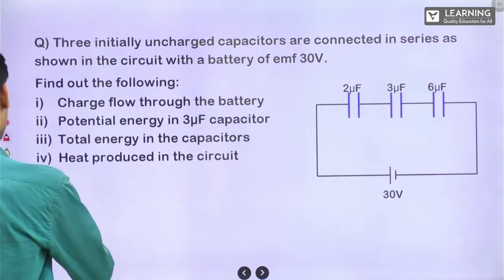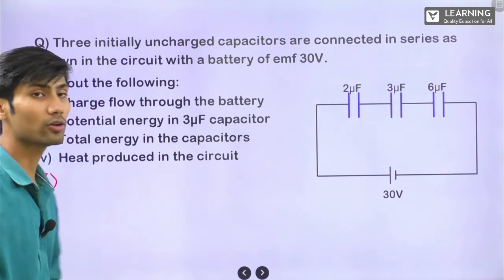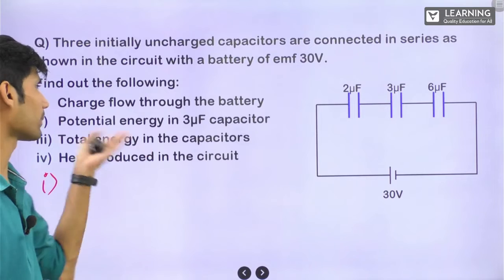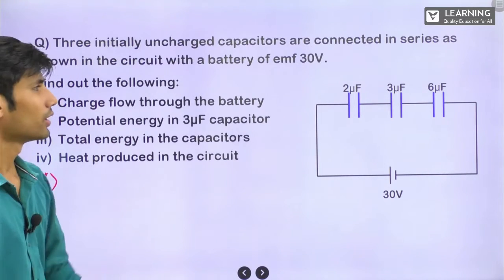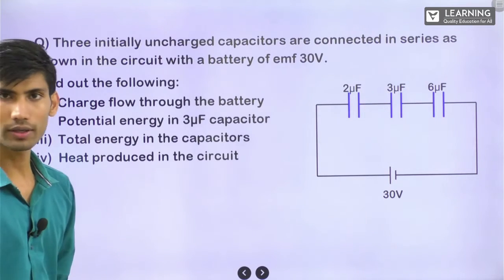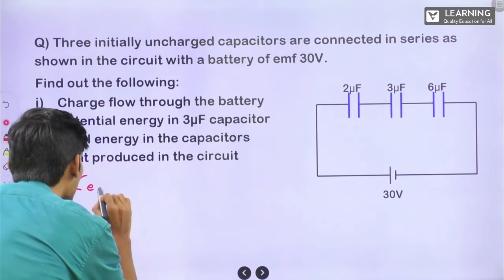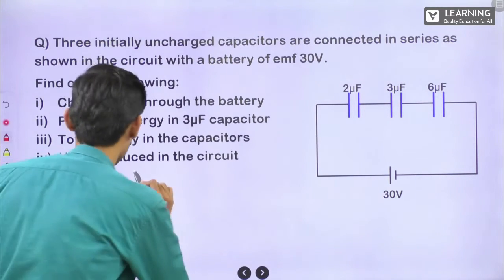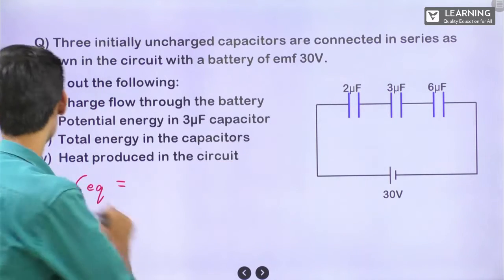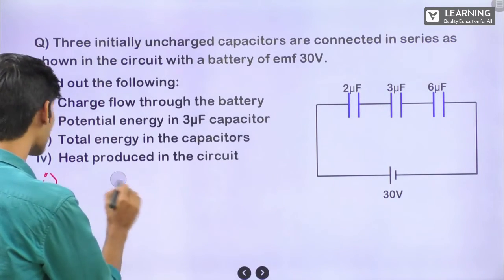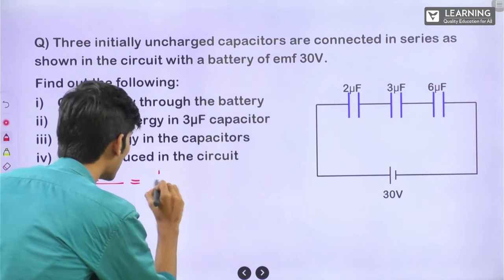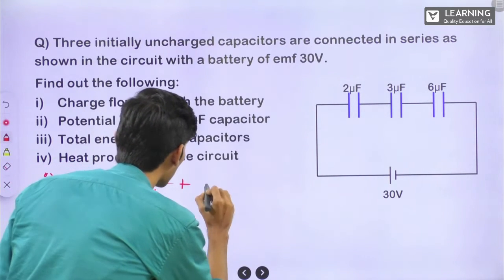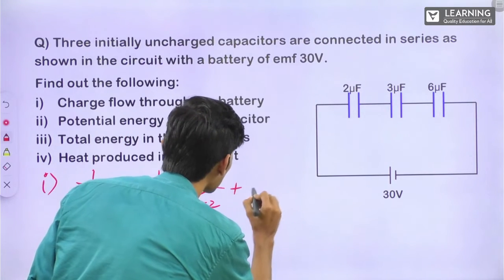Let's start with the first one. You can try on your own. Easy questions there. Charge flow through the battery. How much charge is flown through the battery? First, let's take out C equivalent. Now here, if you see, they are in series. In series means 1 upon C equivalent is equal to 1 upon C1 plus 1 upon C2 plus 1 upon C3.